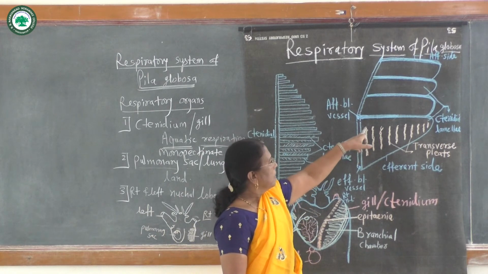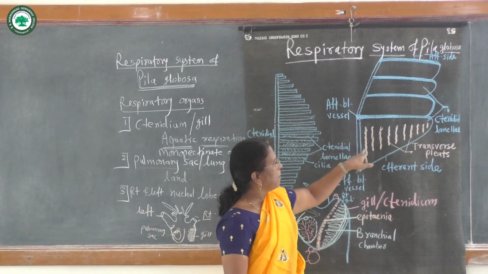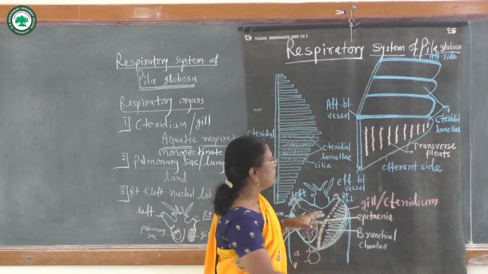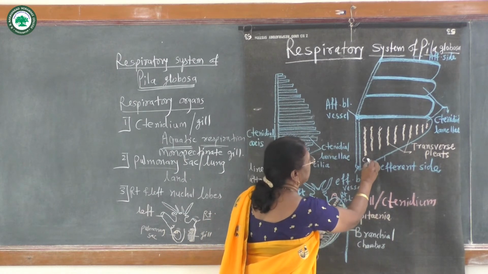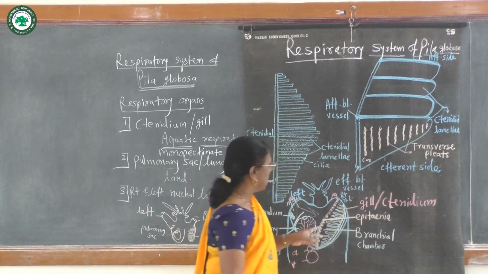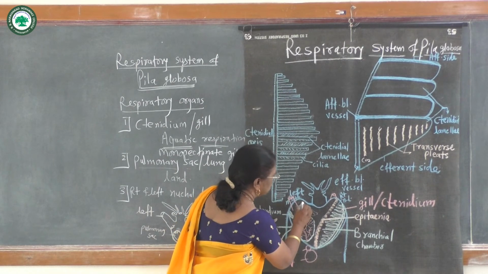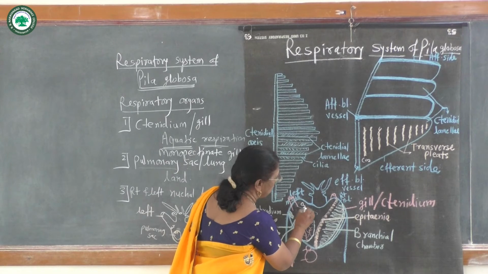Means the blood vessels which are richly supplied to these transverse plates contain deoxygenated blood, means CO2 is present here, and this incoming water contains dissolved oxygen.